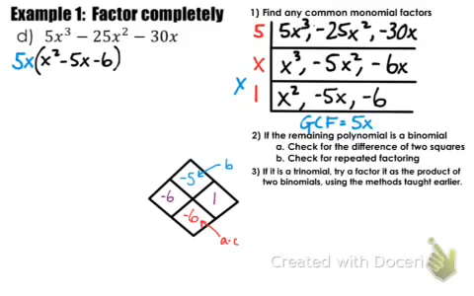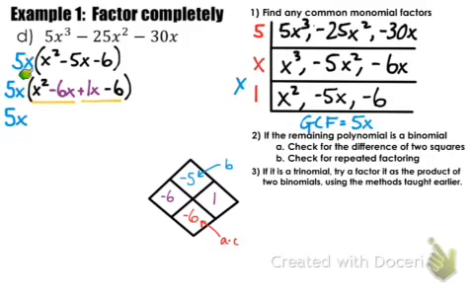Negative 6 and 1. Let's see, negative 6 times 1 is negative 6. Negative 6 plus 1 is negative 5. So that works. We're going to replace negative 5x with negative 6x and 1x, just like that. And we're going to group the first two terms together and the second two terms together. Find the GCF of x squared minus 6x. It looks like we can divide both terms by an x.